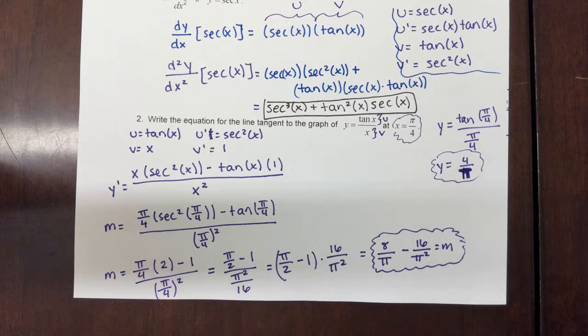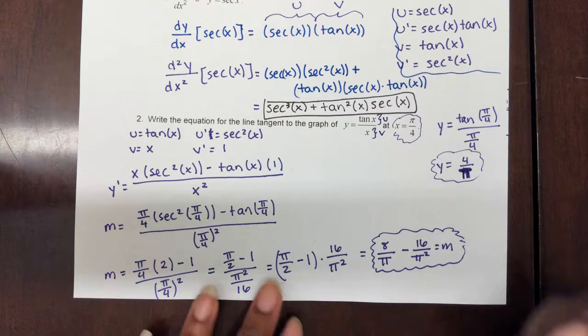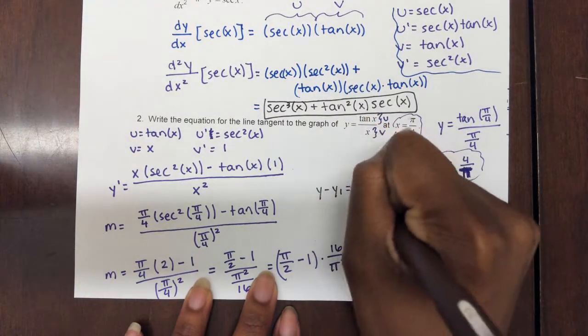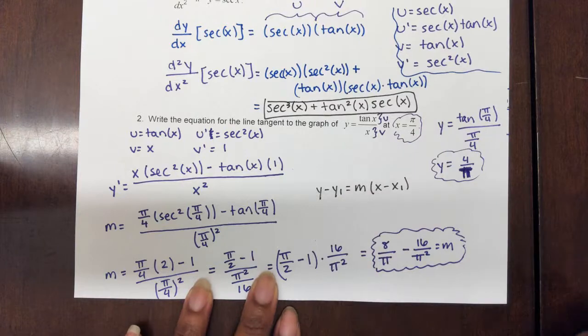I just need to now plug it into my y minus y1 equals m times x minus x1.